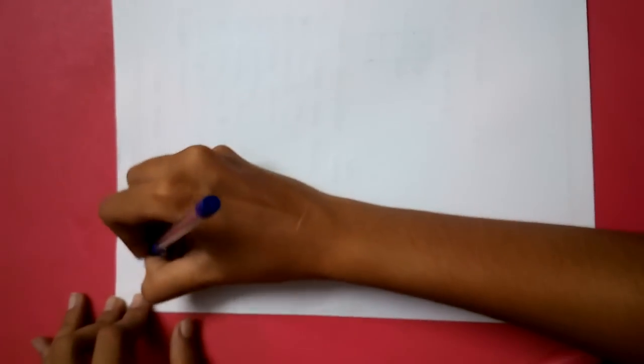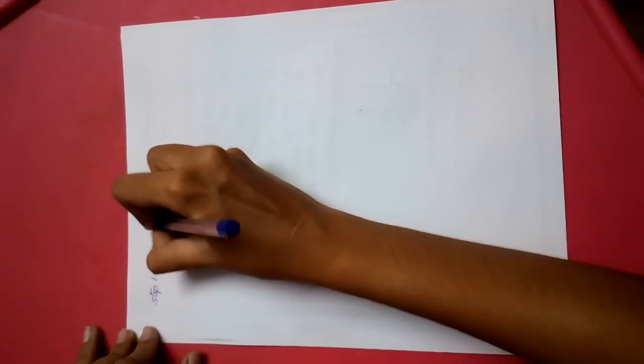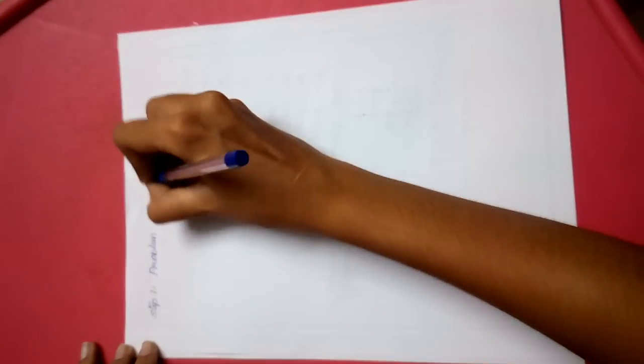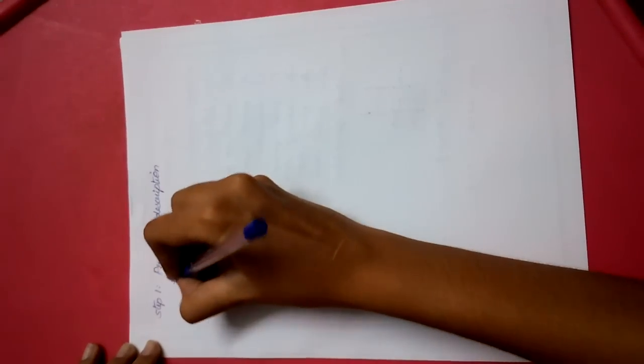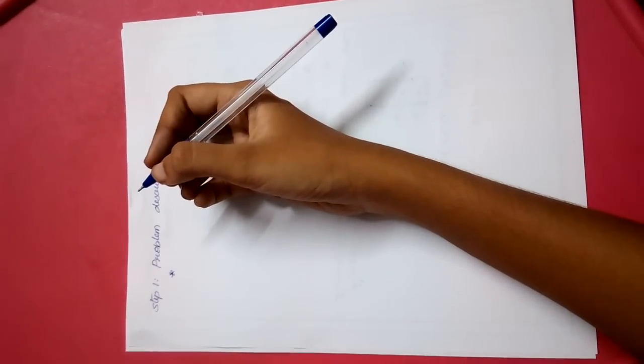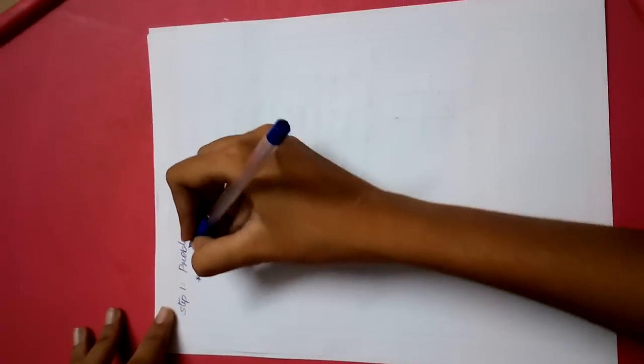The first step in designing a PDA is problem description. Here we need to describe how we are going to design the PDA. For this PDA, we use a technique.